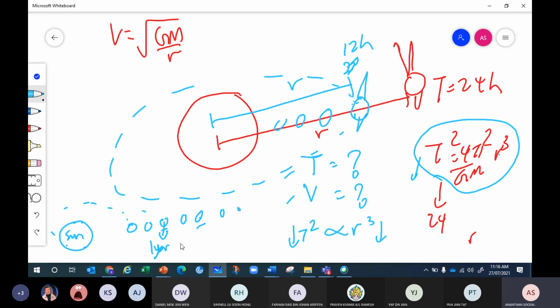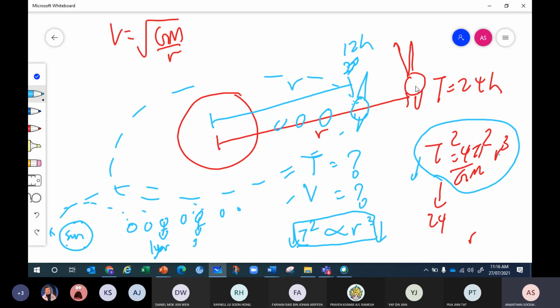Predict for me, how about Jupiter? Will Jupiter's period be greater or smaller than 1 year? This formula still applies. The greater the r, the greater the period. So the further the planet, the greater the time it takes to go one round around the sun, based on this equation, T squared proportional to r cubed.